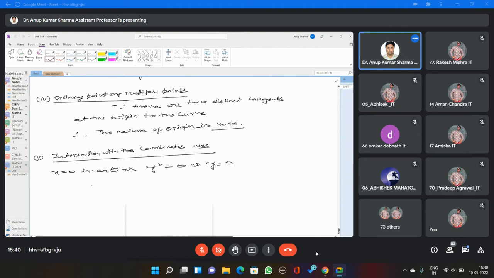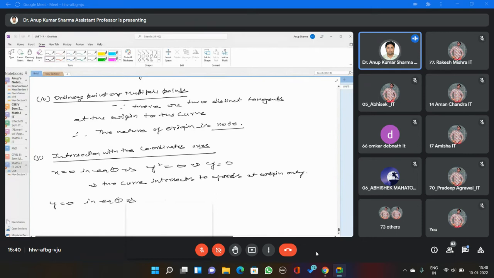So this implies that the curve intersects the y-axis at origin only. Okay, y is equal to 0 in equation 1.